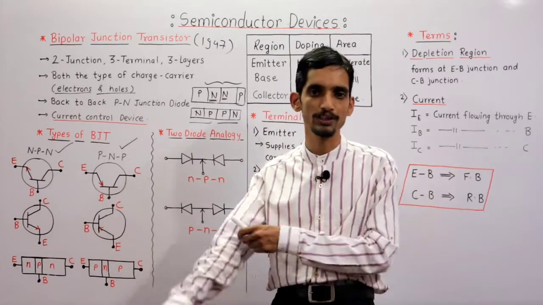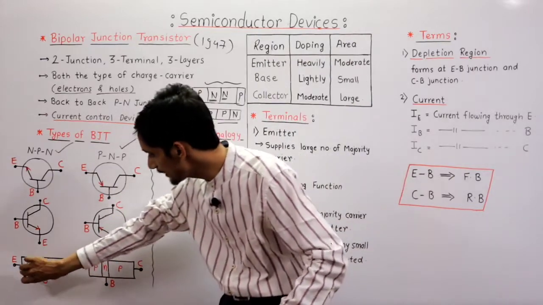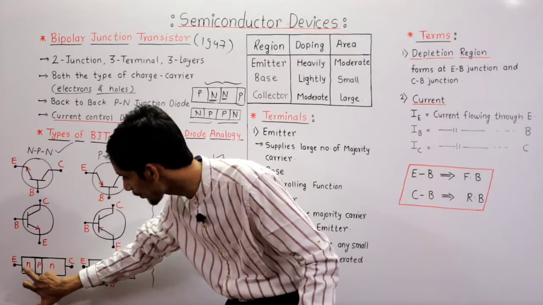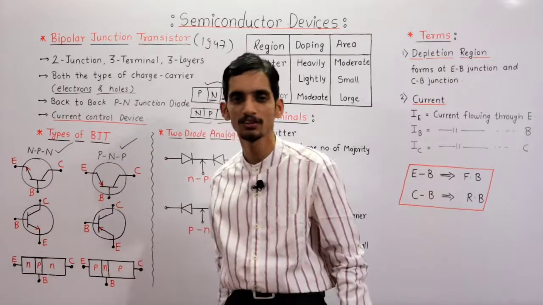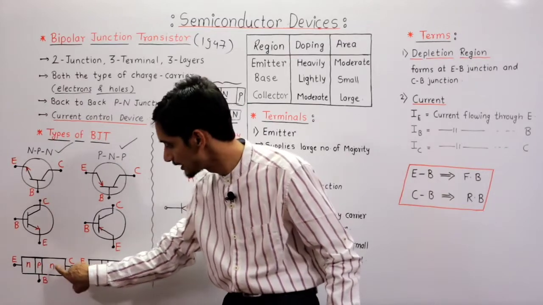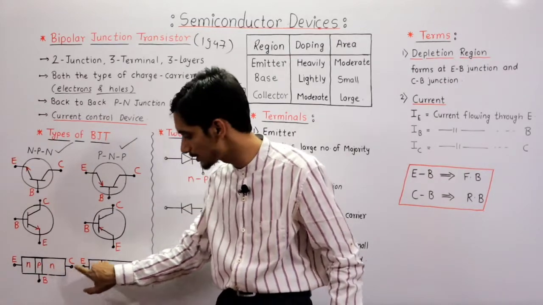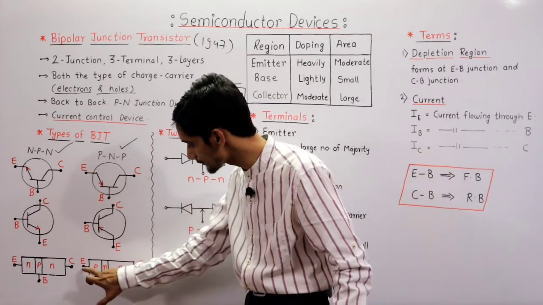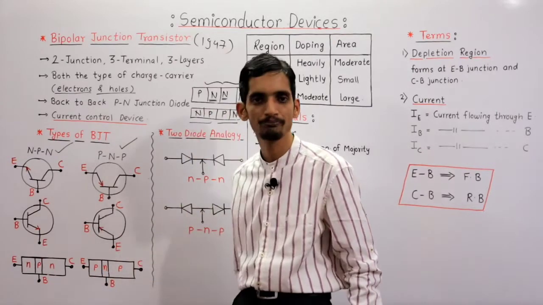Now another important point. If you consider the N region, P region, and again N region, the first region is called the emitter region, the middle is the base region, so the terminal is base, and the last is the collector region, so the terminal is collector. For a PNP also, this is emitter, base, collector.